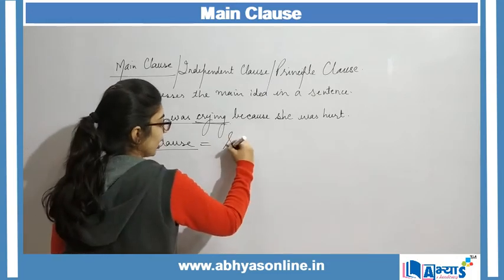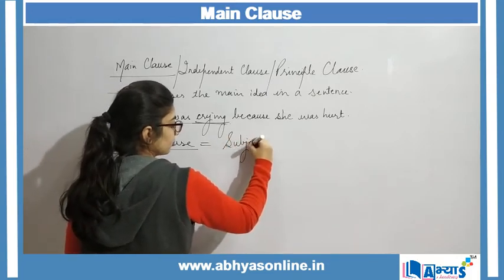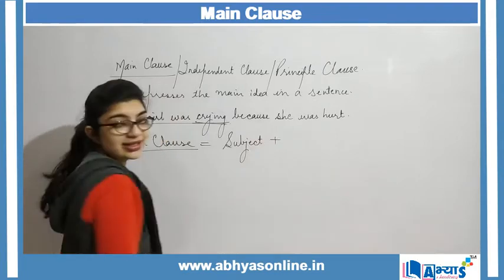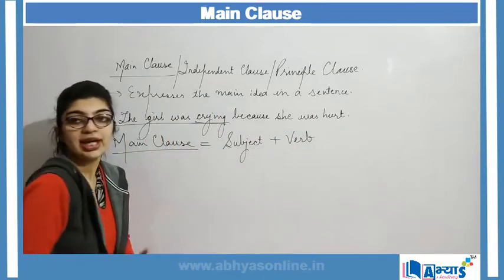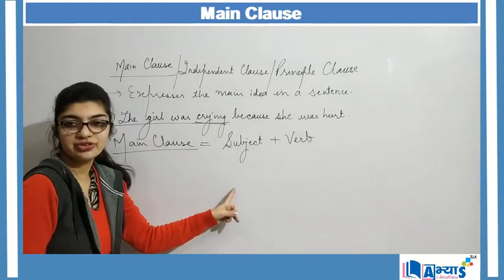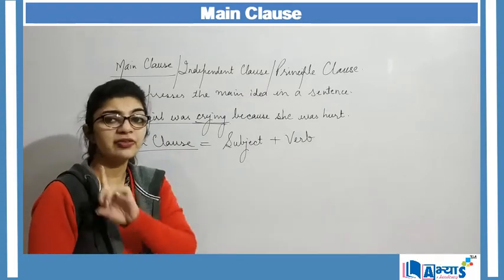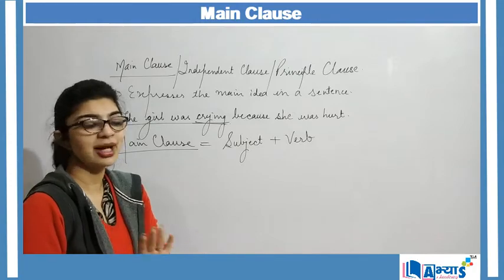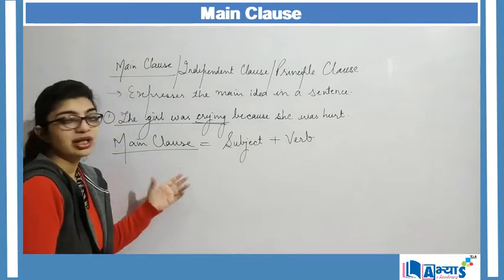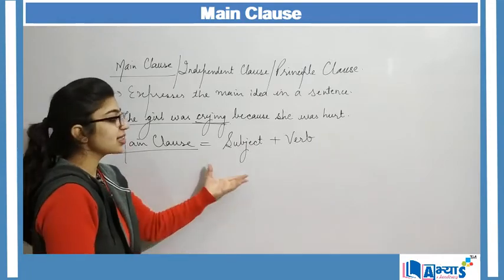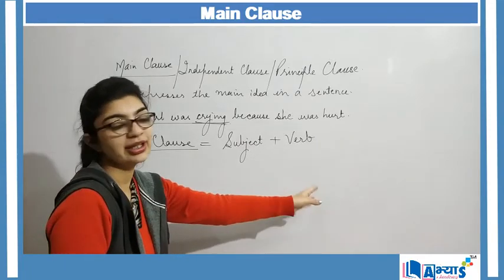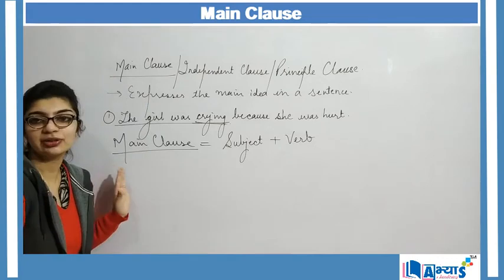First is the subject and second is the verb. If my main clause has a subject and a verb, even if it does not have a predicate, doesn't matter. If my clause has a subject and a verb, then that clause is referred to as a main clause.